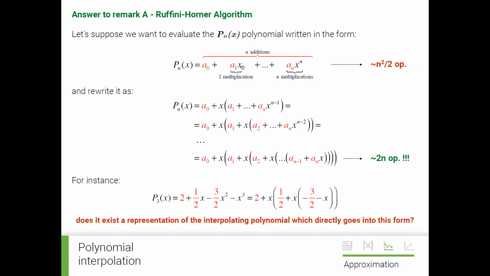And we have n additions here. In this case, we have 1 multiplication here, and here we have n multiplications, because here we have x to the power n. Now this is equivalent to n squared over 2 operations.